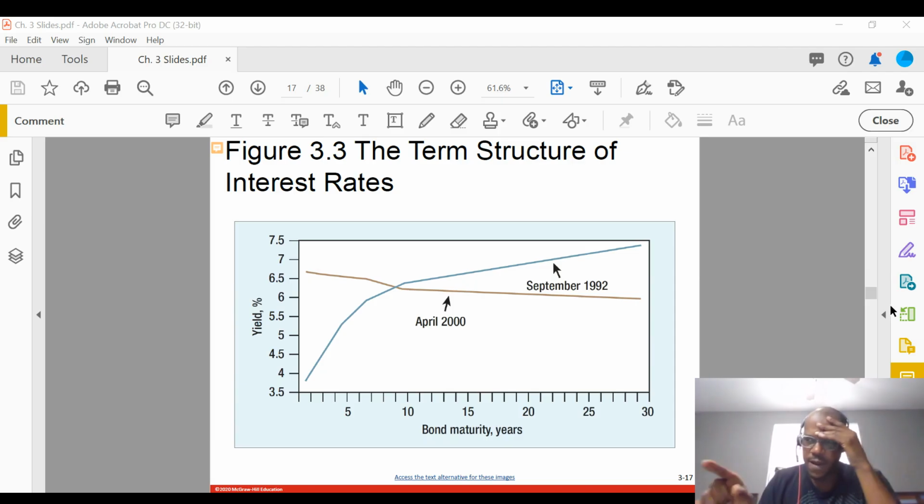From that, we can create the term structure, which allows us to see what interest rates are expected to be over some period of time.